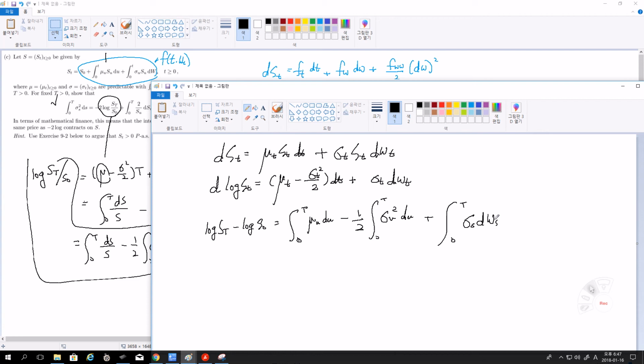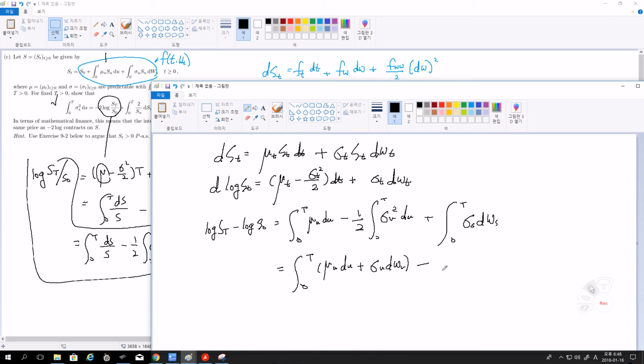And then what we can show is basically we collect these two terms together, σ_u. Well, I'm collecting this term and this term together. So actually this dS_u is μ_u du plus σ_u dW_u, right?